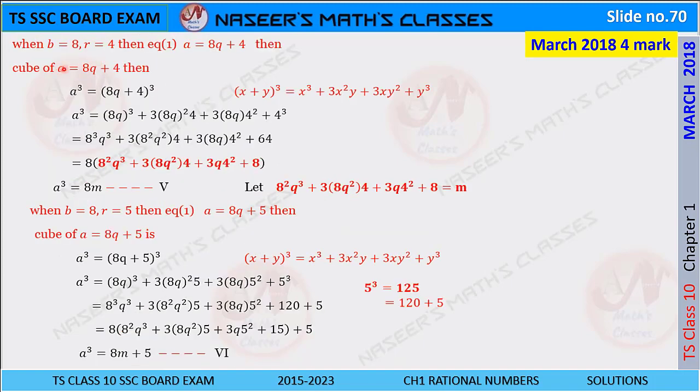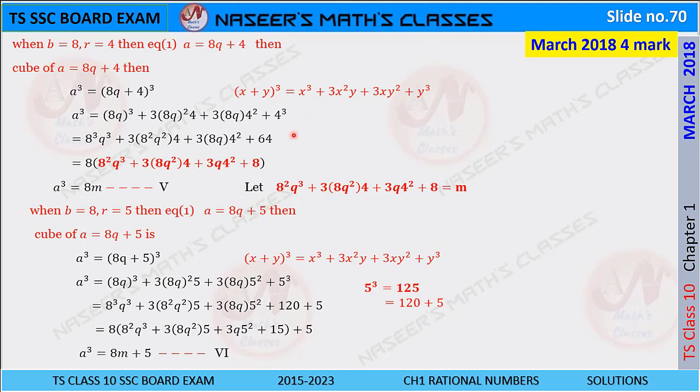So we substitute b is equal to 8 and r is equal to 4. Then equation 1 is written as a is equal to 8q + 4. Then next we have to find the cube of a is equal to 8q + 4. Then it is written as a cube is equal to (8q + 4) whole cube. RHS is in the form of (x + y) whole cube identity. Then we can write it as (8q) whole cube + 3 times (8q) whole square times 4 + 3 times 8q times 4 square + 4 cube.